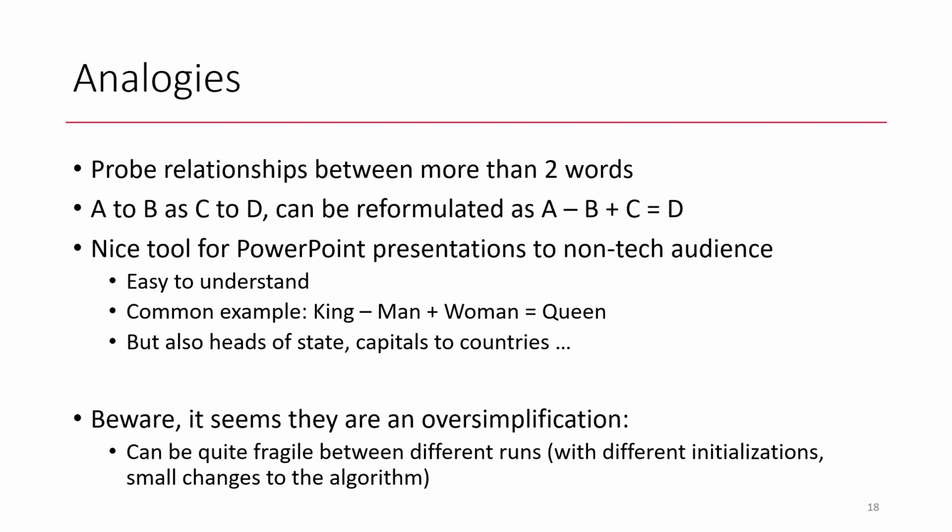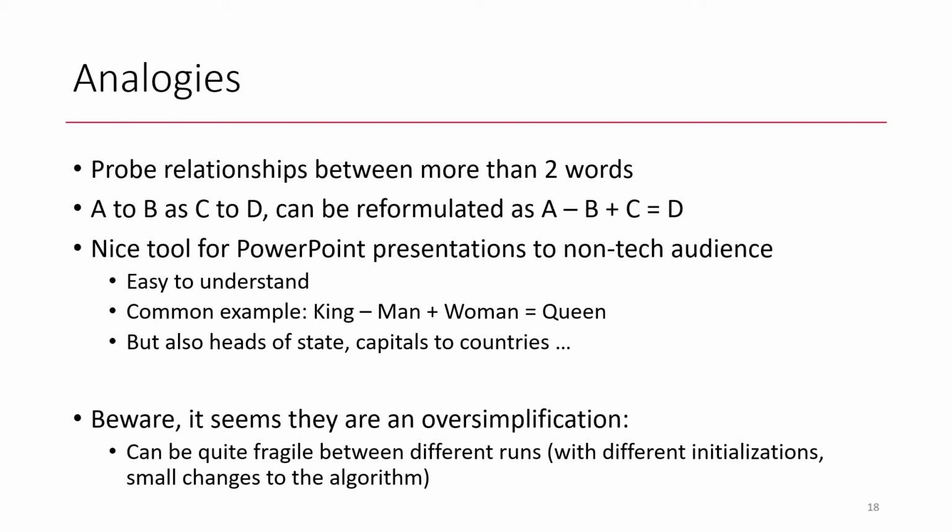A very common example is king minus man plus woman equals queen. But it also works for heads of state, capitals of countries, etc. Well, it might not be as easy as it seems. The analogies are an oversimplification, and they can be quite fragile between different runs.